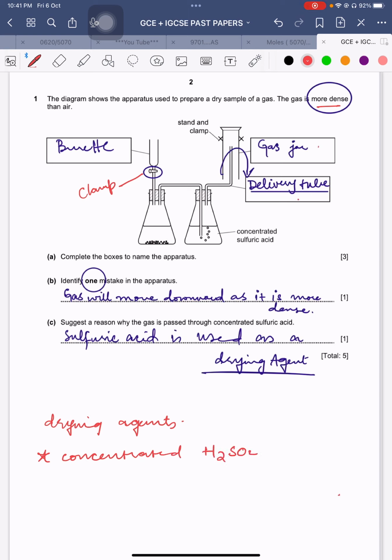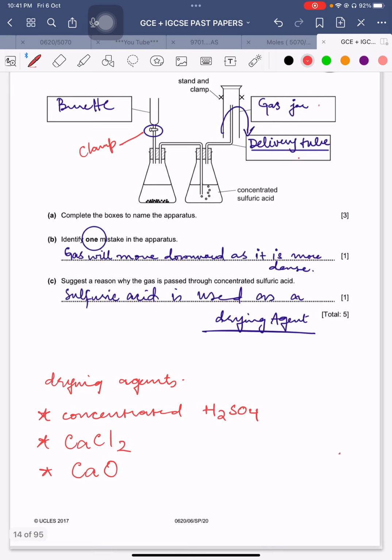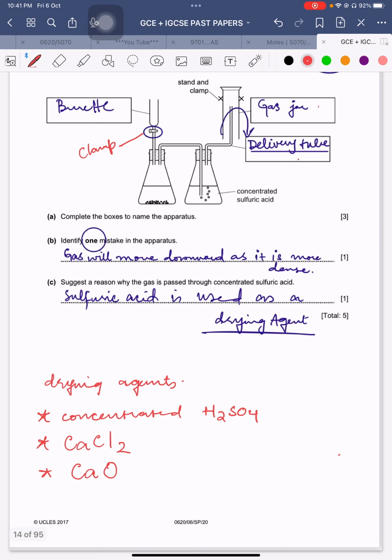And what is the name? Sulfuric acid. Number two is calcium chloride, CaCl2. Number three is calcium oxide. You can see how I'm writing the formula and what is the way to write down the thing very exactly. So sulfuric acid is used as a drying agent to absorb the moisture.